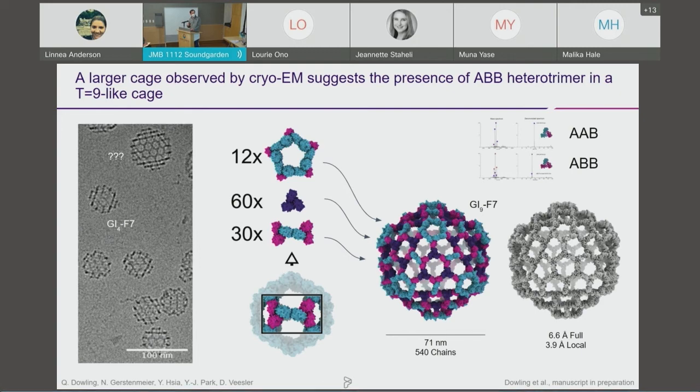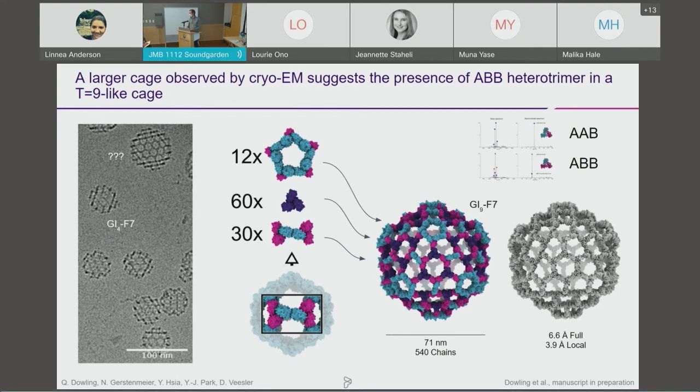And those can be incorporated on the icosahedral twofold symmetry axes to give this larger pseudosymmetric structure that kind of resembles a T=9 virus capsid. So this thing has 540 chains, 71 nanometers in diameter, substantially larger than anything we had previously designed. And the Wiesler lab got a single particle reconstruction at 6.6 angstroms resolution that shows that that is, in fact, exactly what's happening.